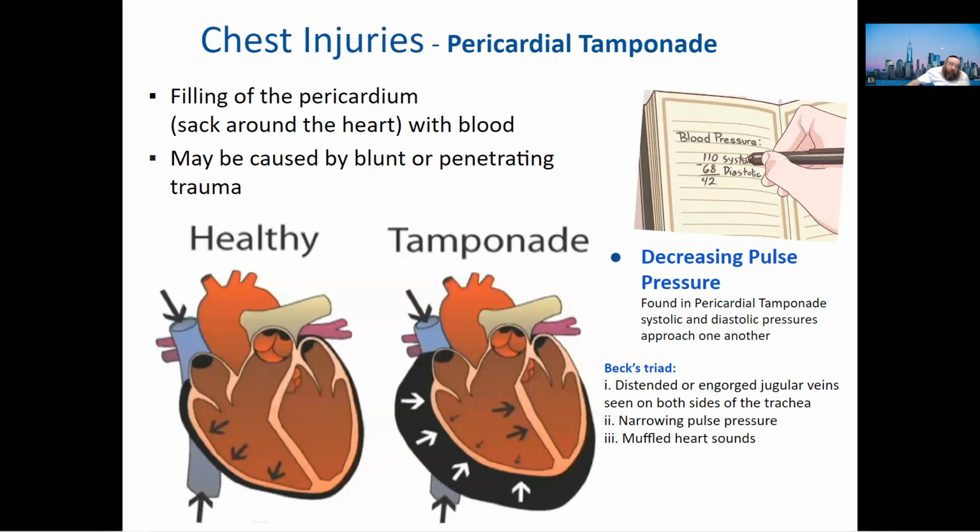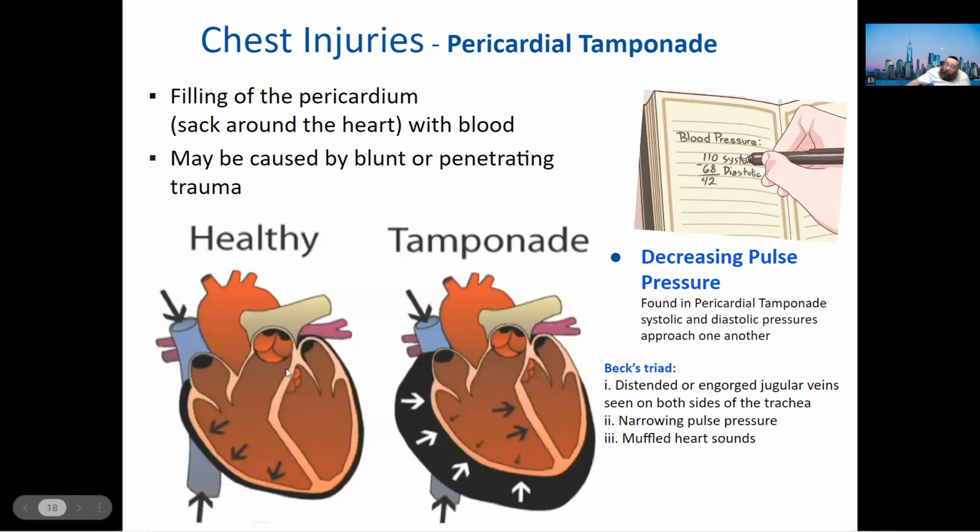The lungs are surrounded by a sac called the pleura, and the heart is surrounded by a sac called the pericardium. So we're going to do also a sac around the brain and spinal cord on another night. But you got to know these.